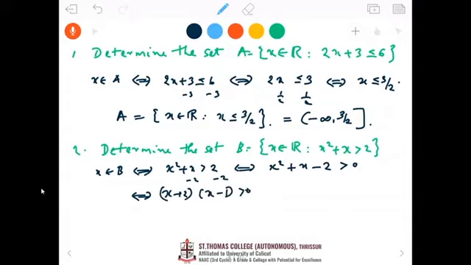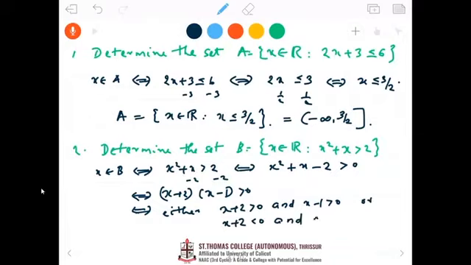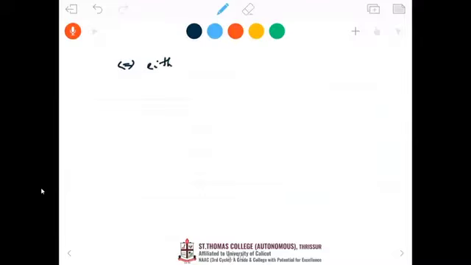This implies and is implied by either both the numbers are positive, so either x plus 2 greater than 0 and x minus 1 greater than 0, or both are negative, x plus 2 less than 0 and x minus 1 less than 0.